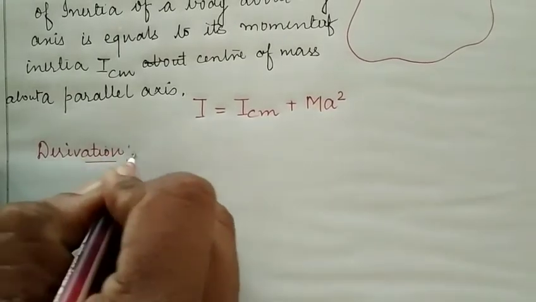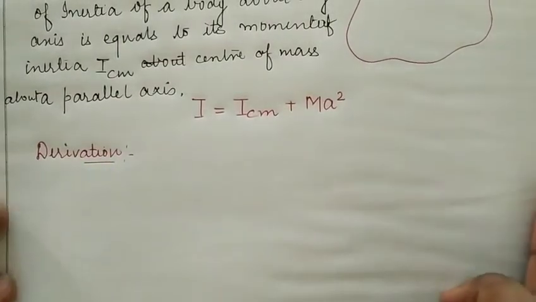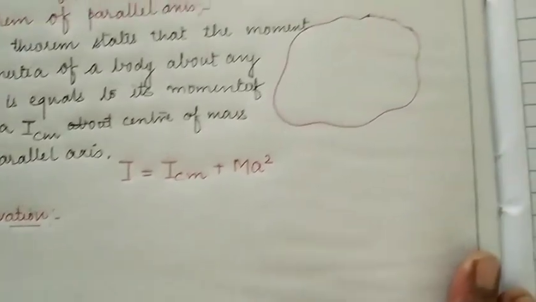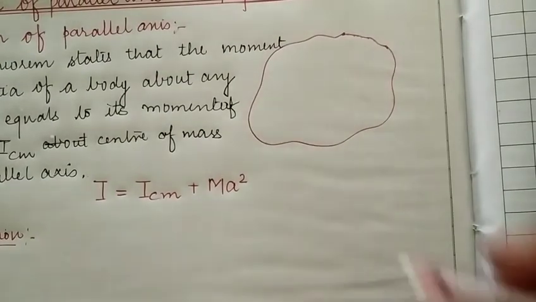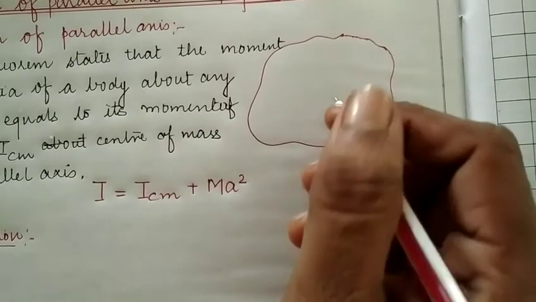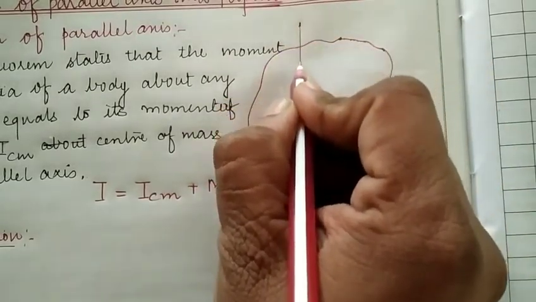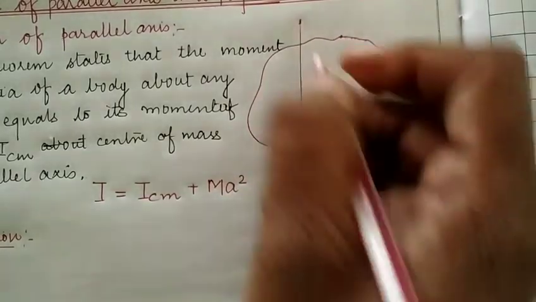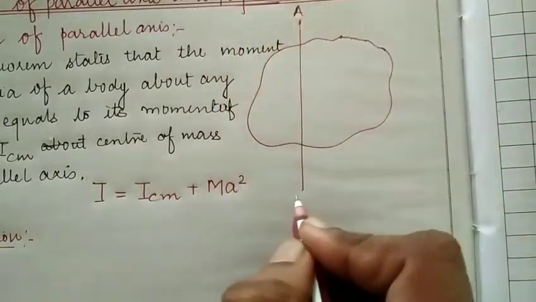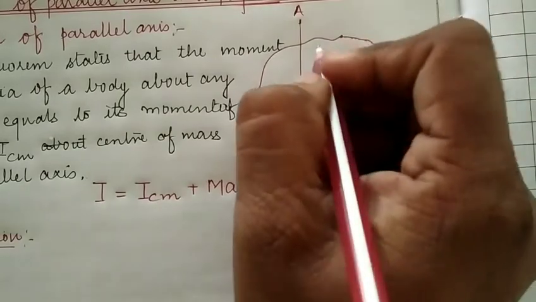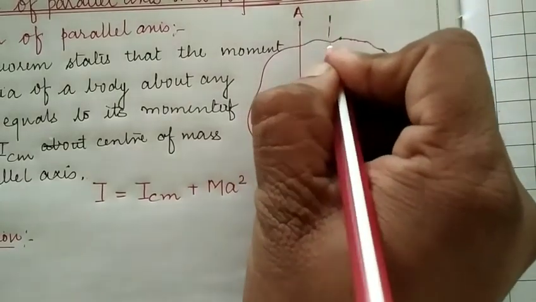Students, as we know, a rigid body may consist of n number of particles. We have chosen here a rigid body, and here we are going to construct two parallel axes. Let us suppose that the first axis is AB and another axis which is parallel to AB is CD.